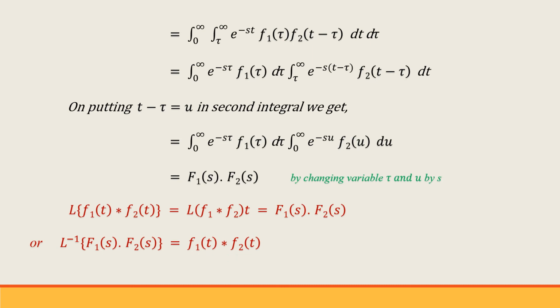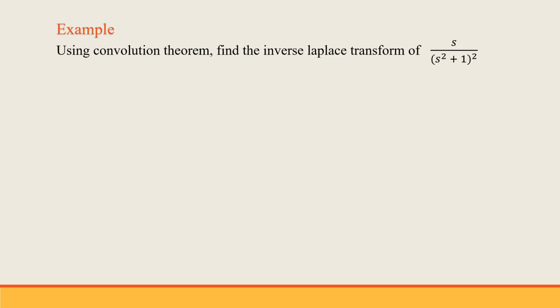Now, let us see how we can use this property or this theorem in finding the inverse Laplace transforms. Example 1. Using convolution theorem, find the inverse Laplace transform of s by (s square plus 1) whole square.